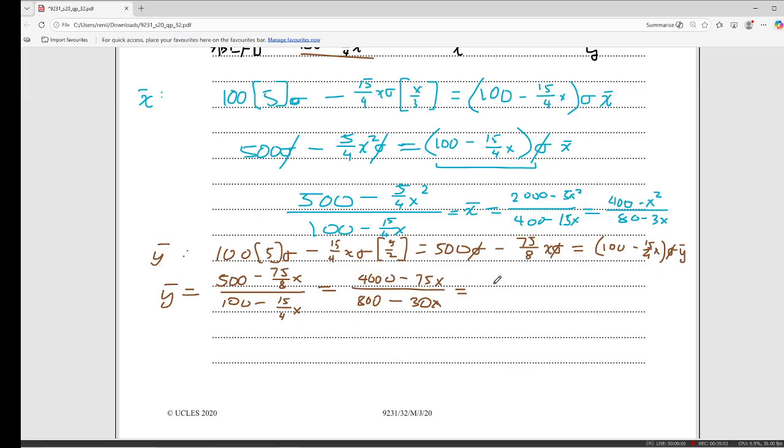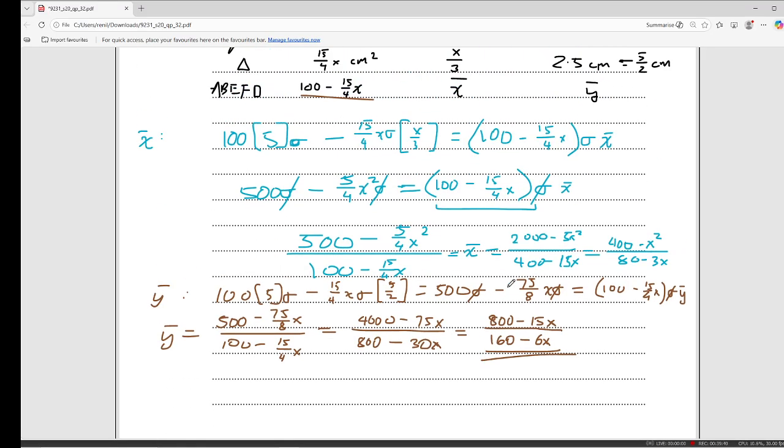So dividing this by 5 gives me 800, and dividing this by 15x, and we divide this by 5. Dividing 800 by 5 should give me 160, and dividing 30x by 5 gives me 6x. Right, I think this is what they'd be expecting of us, to get (800 minus 15x) divided by (160 minus 6x). Yeah, I think this is it. Okay, yeah, so x mean and y mean really easily solved.